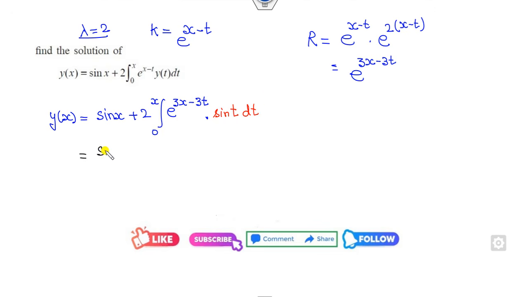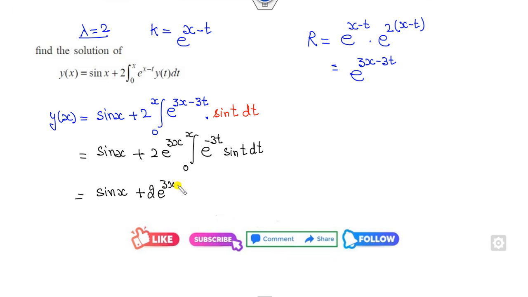Now I can write this component as 2 e raised to power 3x outside, e raised to power minus 3t sine of t dt. Fine. Now this is sine x plus 2 e raised to power 3x. What is the integration of this?